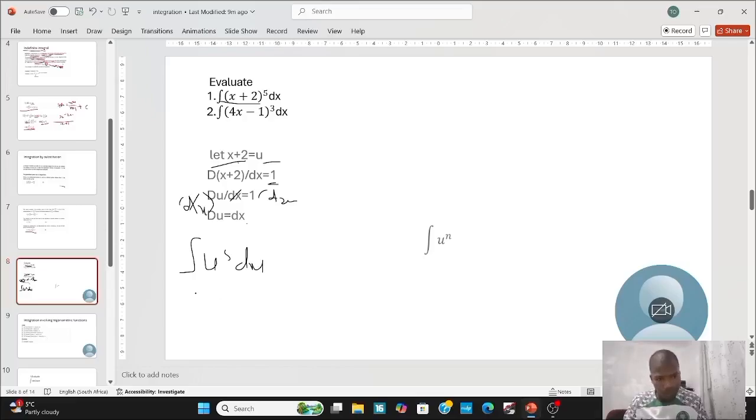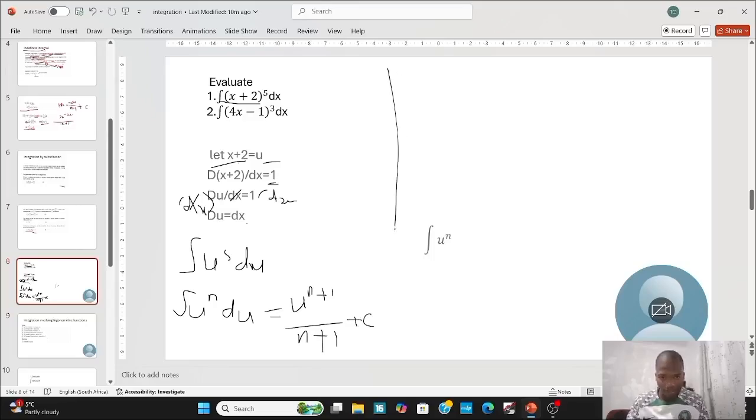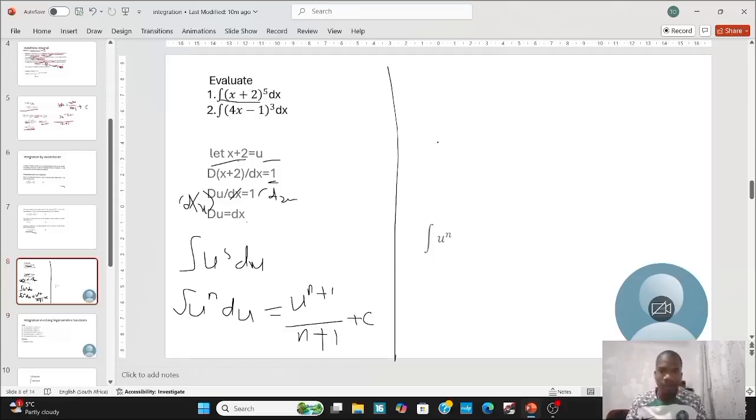Then we know that the formula for the u substitution is the integral of u to the power n du is equal to u to the power n plus 1 all over n plus 1 plus c, right? So we are aware of that.